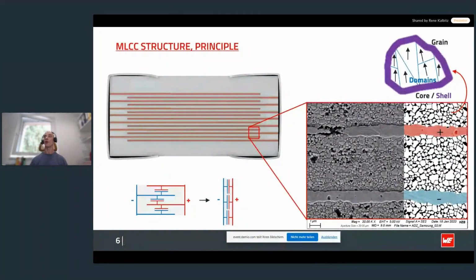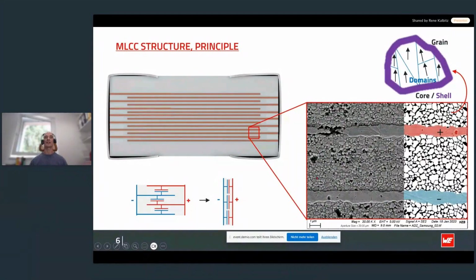Other geometries may also be possible, but it is always some sort of multilayer electrode structure, hence the name multilayer ceramic capacitor. The actual ceramic is not a monolithic material block, but is formed from sintered ceramic powder, which consists of small sub-micrometer sized grains.